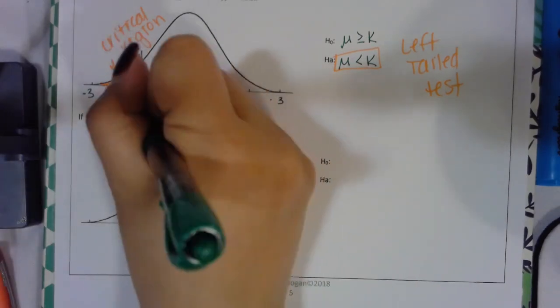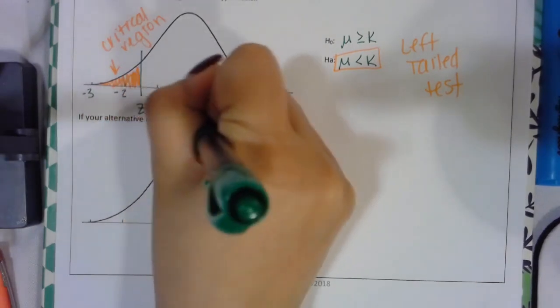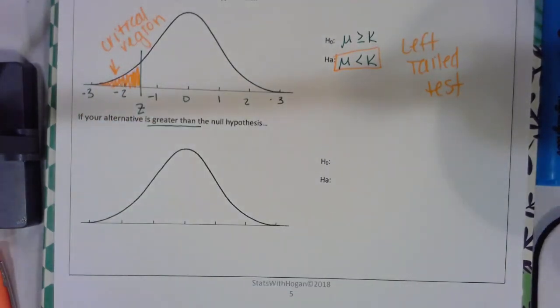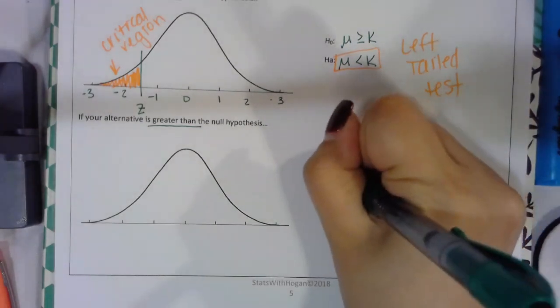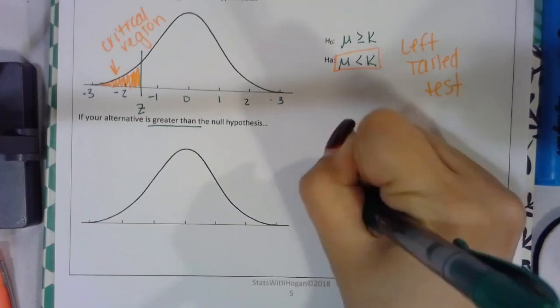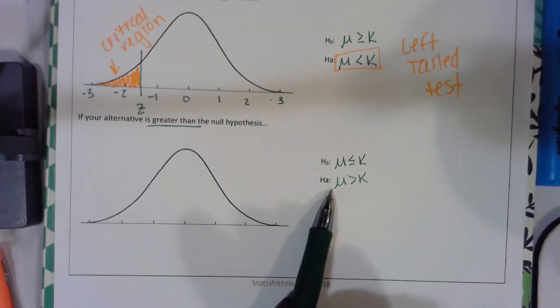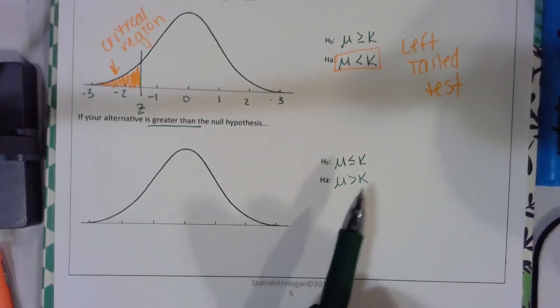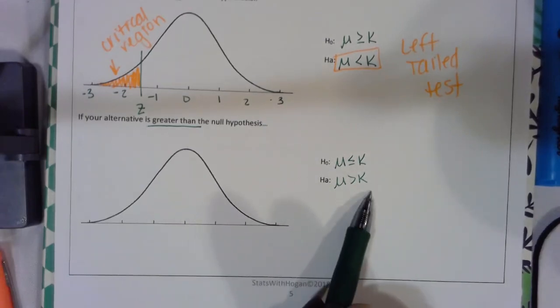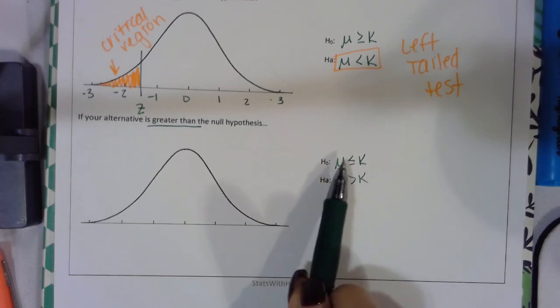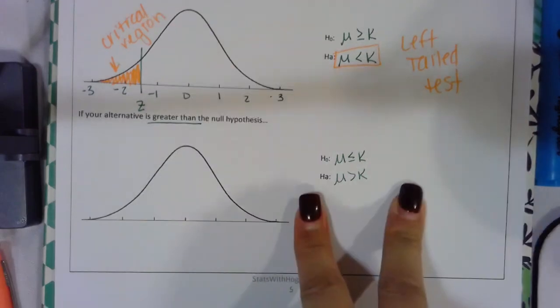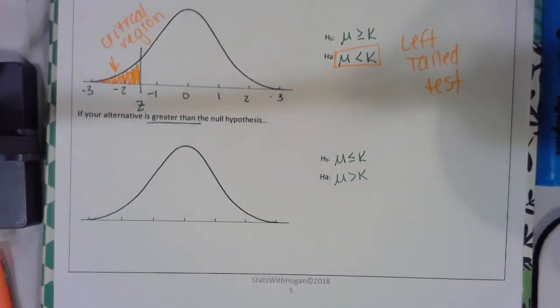Now, if the alternative is greater than the null hypothesis, then we would write that mu is greater than k. So then to do the null hypothesis, flip the inequality and throw an equal sign underneath it.